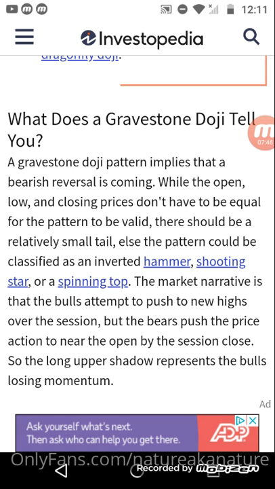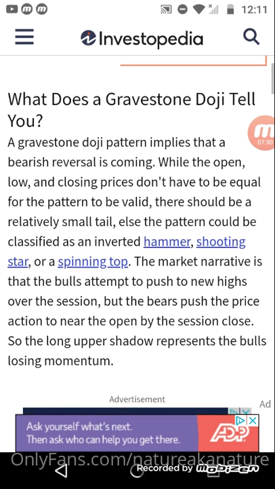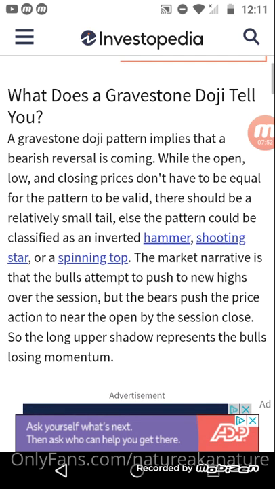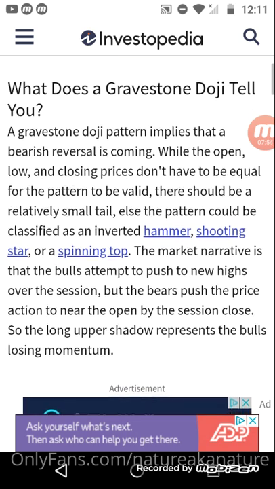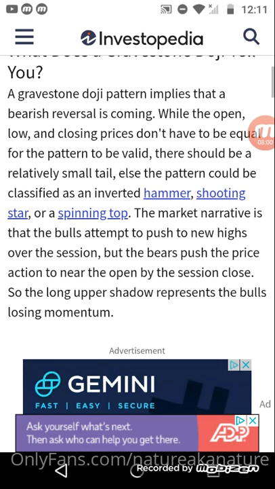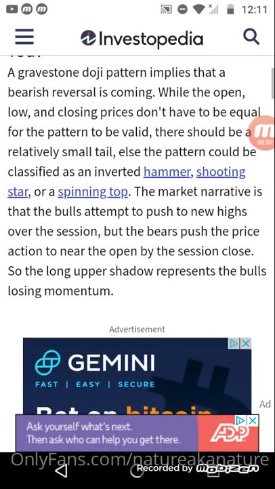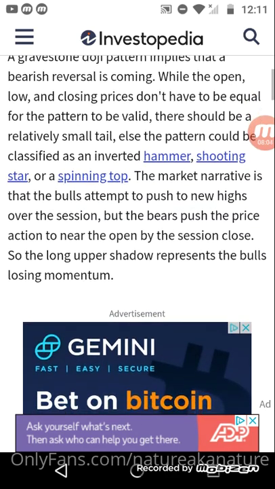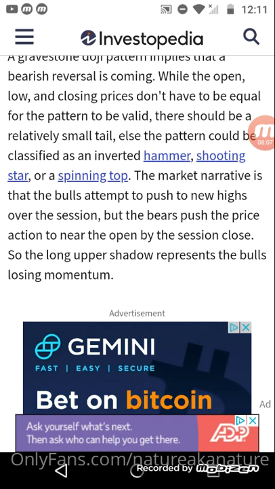So the long upper shadow represents that the bulls were in momentum, but the bottom represents that the bulls lost momentum, and that the bears, the sellers, gained control, and that a bearish or selling reversal is likely. So this is what a Gravestone really is.